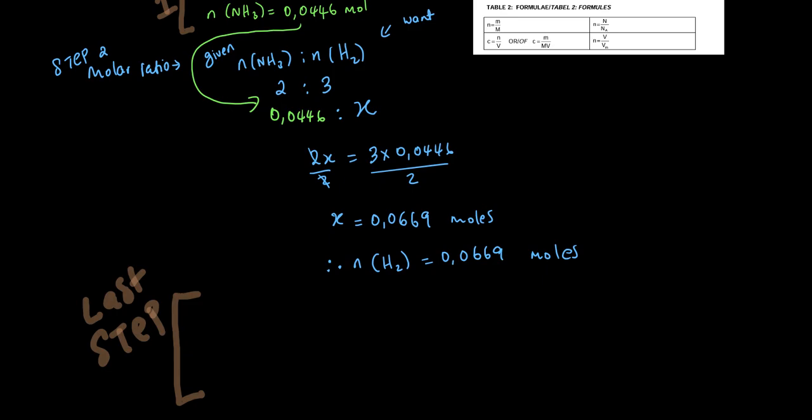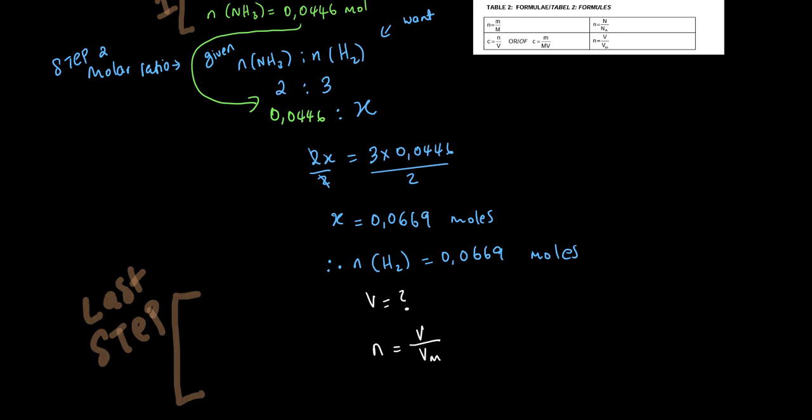So you have to understand that for hydrogen you have number of moles, right? In the question itself, you are not given its volume, but you are looking for its volume, right? You are looking for the volume of hydrogen. So which formula are you going to use? I believe you can't use the one with concentration. You have to use that n is equal to V over Vm. You understand?